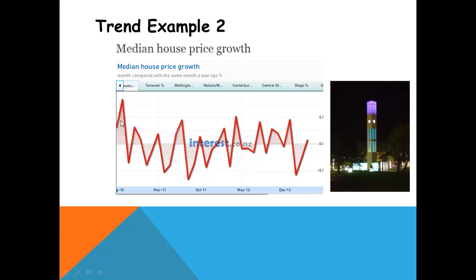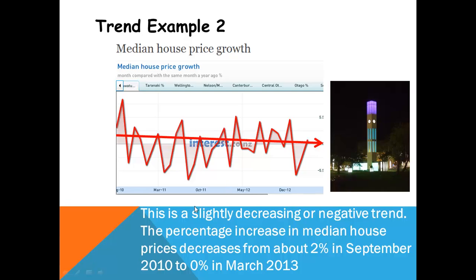So what we need to do is pick a trend that starts here and goes down a little bit to here. So let's put that in, and there's your trend line, or what we're eyeballing as the trend line, and you'll see that that is a decreasing or negative trend, but not very decreasing or negative. If we describe it precisely, it's a slightly decreasing or negative trend.